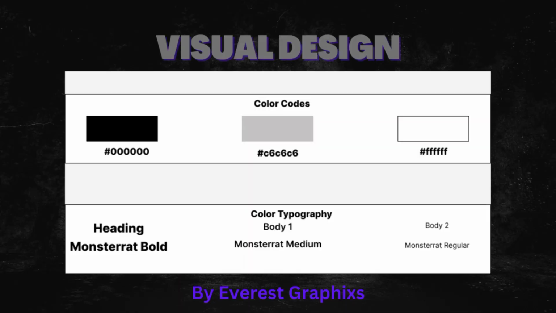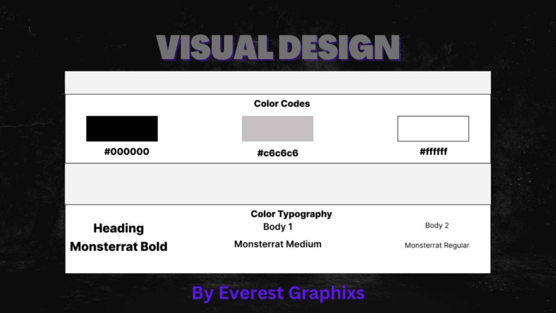The next step was my visual design, and for this I chose my fonts to be Montserrat. I'm going to be using different versions of Montserrat, that's Montserrat Bold, Montserrat Classic, and the others like that.